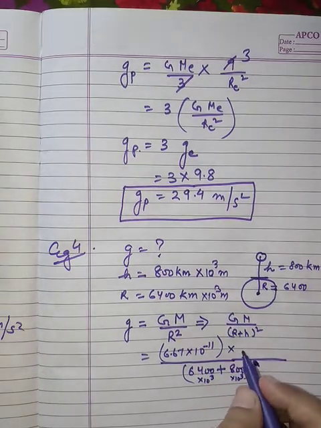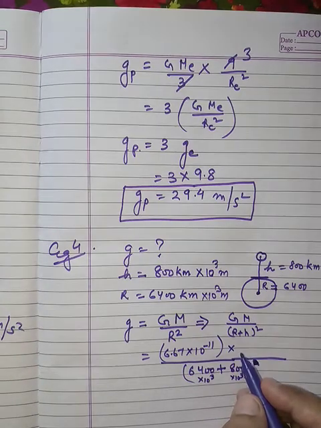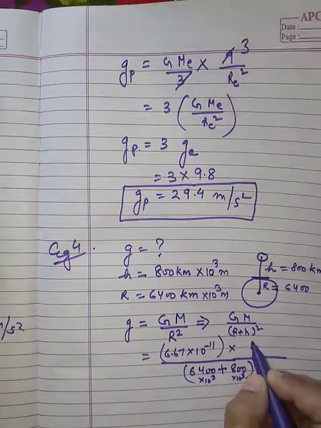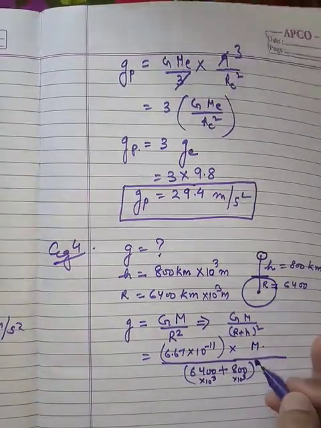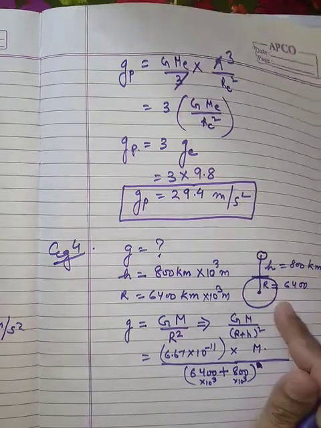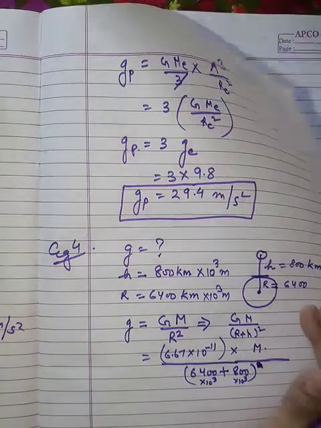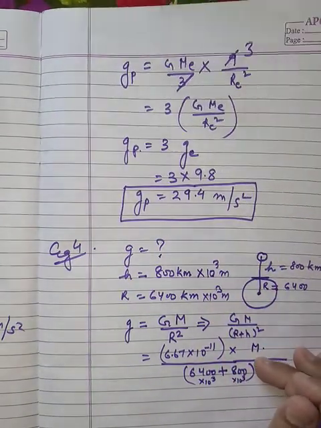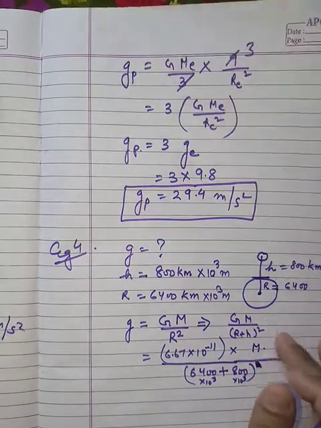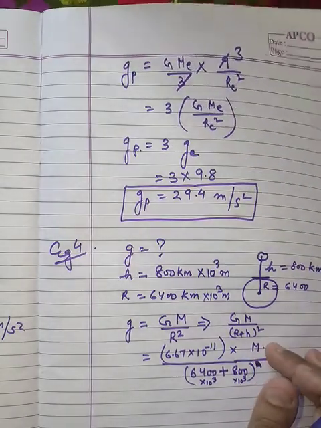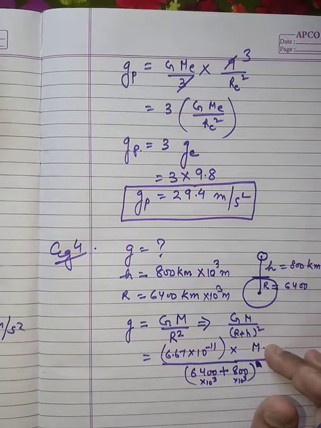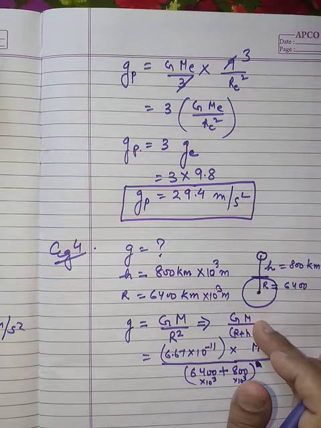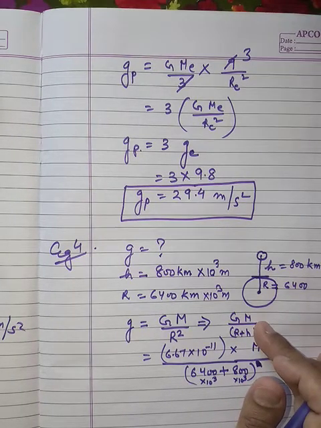So here mass of the earth we have to use. If we don't have the mass of the earth, otherwise we know the mass of the earth, but in the question we are not given the mass of the earth. So if we don't remember the mass of the earth, we can use another type of formula, or we can go through another method in which the mass is cancelled out, or in which our acceleration due to gravity on the earth is given.